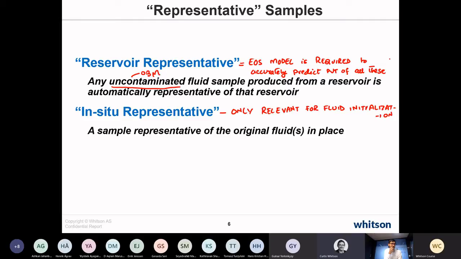There's not any kind of definitive paper because that threshold would be different for a lean gas condensate, a near critical fluid, an oil. It would be different for each of those. So there's not, to my knowledge, a paper that gives some kind of definitive guidelines. What we basically say is the EOS modeling in a perfect world should only include samples that have no contamination with oil-based mud.